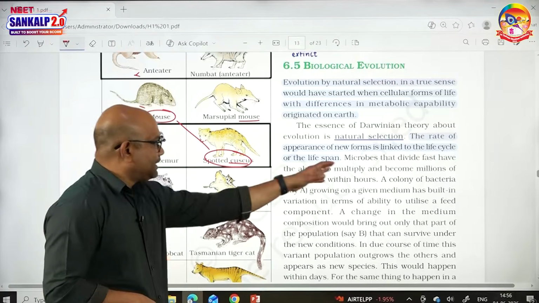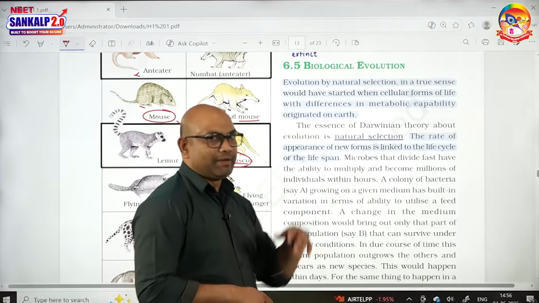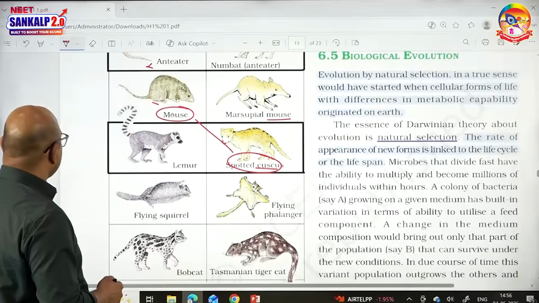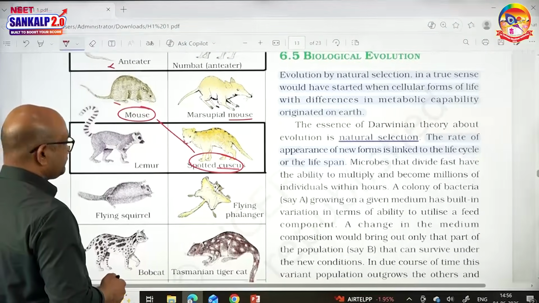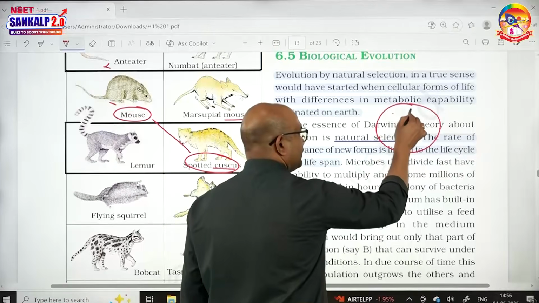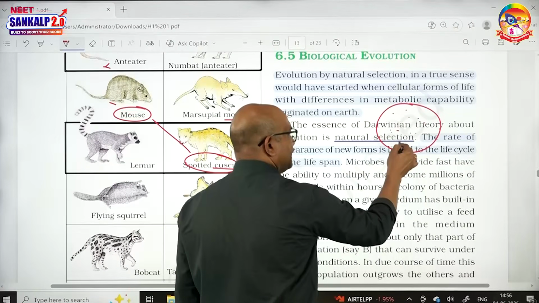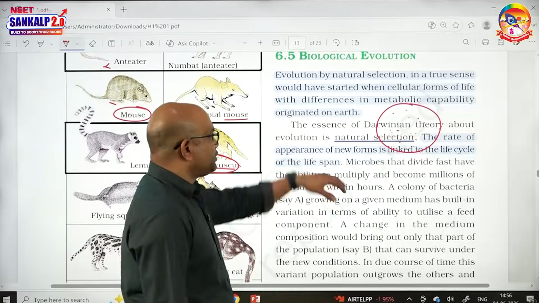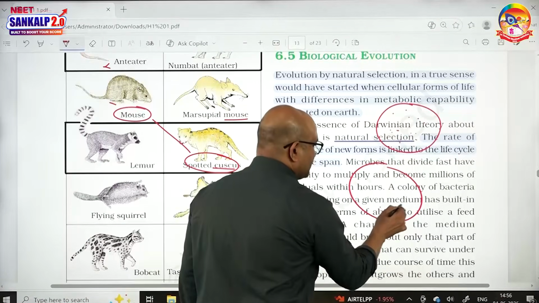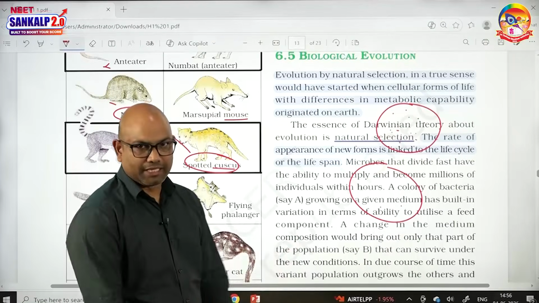One more important point here, they have given a microbial experiment. See, this is that microbial experiment point. Assume there is a bacterial culture. Some bacteria are there, surviving in a medium. But when you change the medium with an antibiotic, it killed the majority of the bacteria but left something.